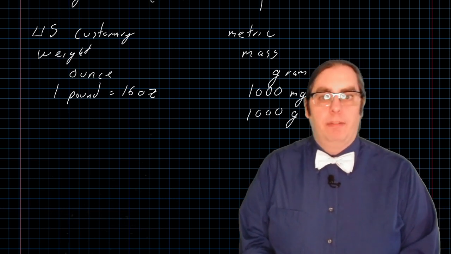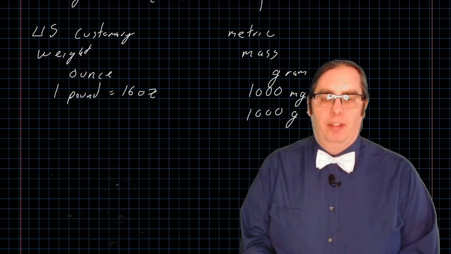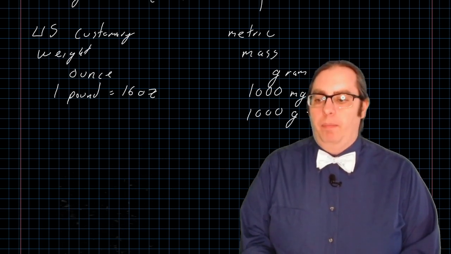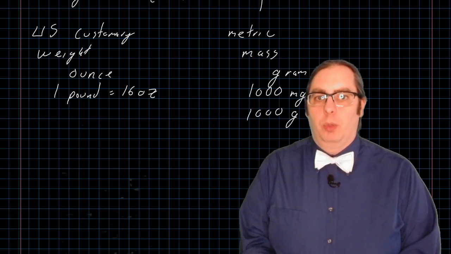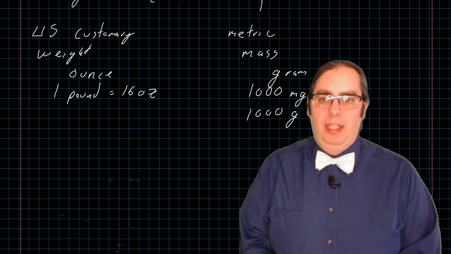We more often need fractions, and based on students' responses every time I say the word fraction, I'm not sure why that's a point in favor, but the fact that the US customary system works with fractions and not decimals is one of the big reasons that it's kept in favor.